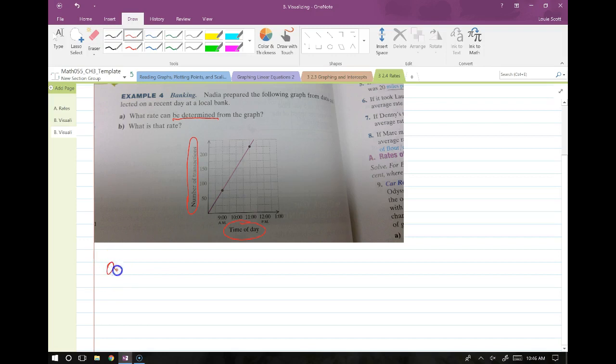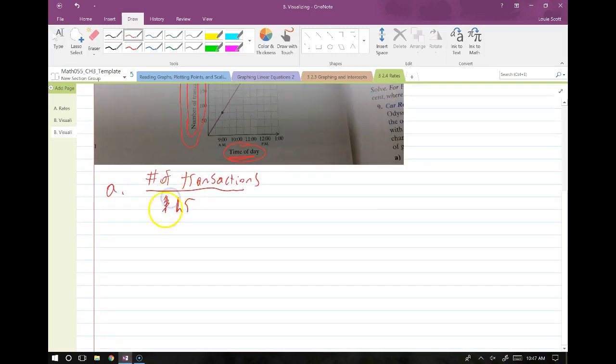They say, what rate can be determined from the graph? Well, since the vertical is number of transactions, that goes in the numerator. The time of day is in the denominator, and it looks like it's in hourly increments, so we say per hour.